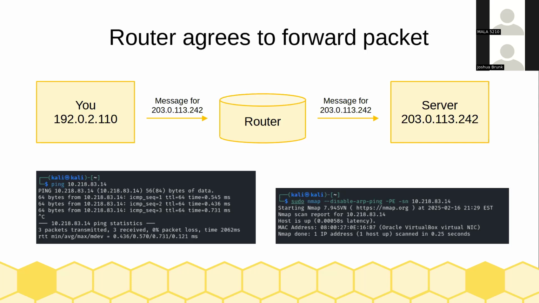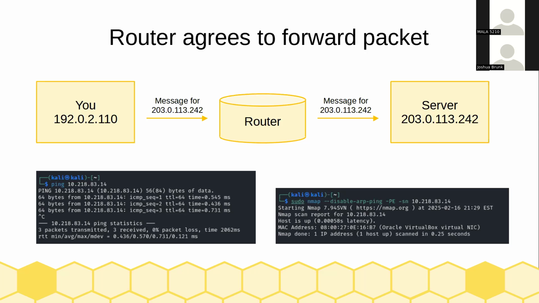This is what happens when you ping a server and the router forwards the packet on to its destination. Essentially, ping sends packets to a specific destination and says, please reply to me as fast as you can. It'll get the packets back from the server and everything will be okay.